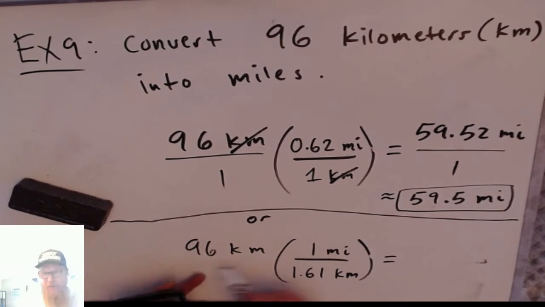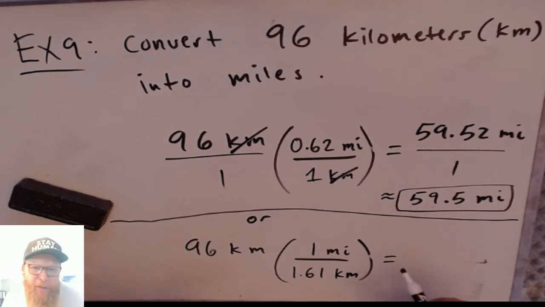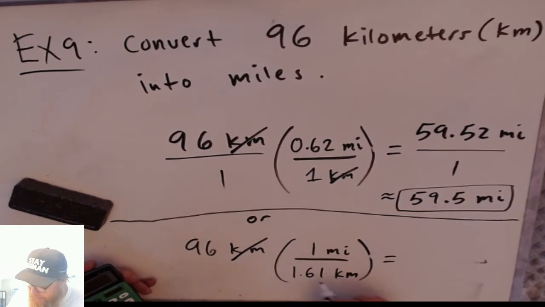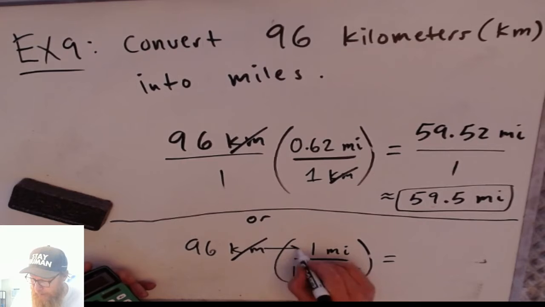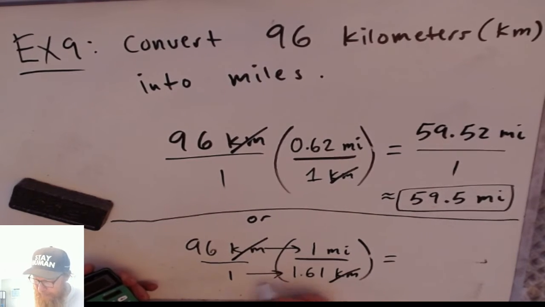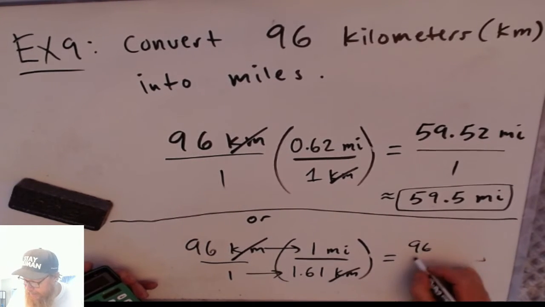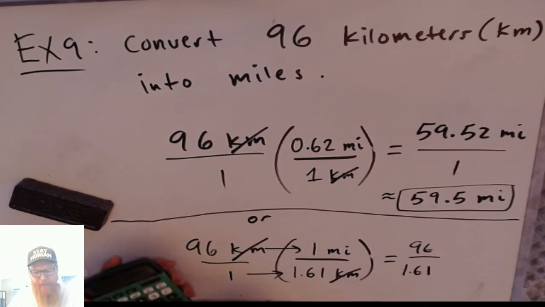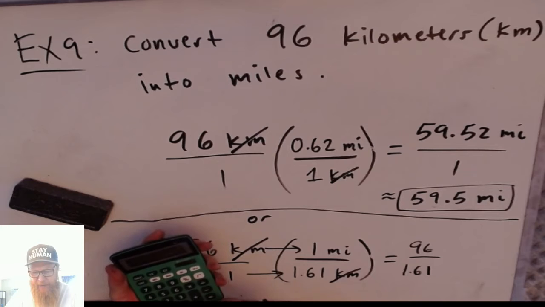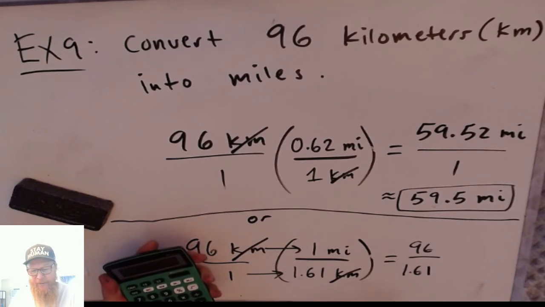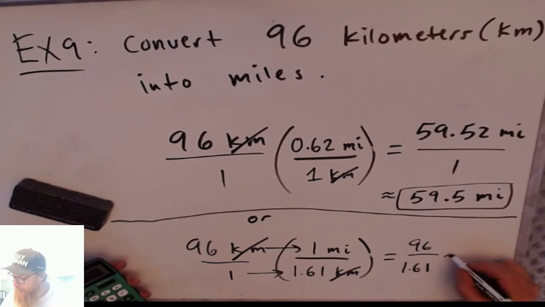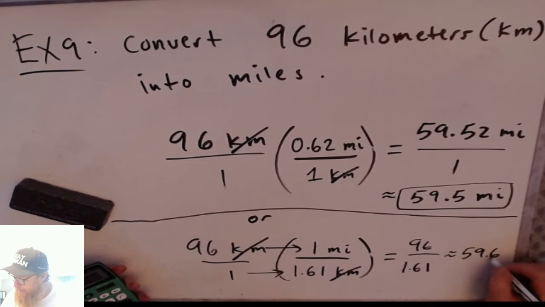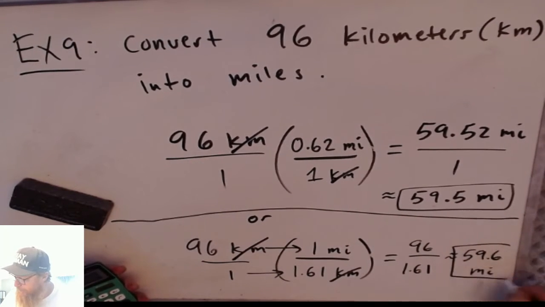Or, if you prefer to do it this way, I don't know why you would, but I give you the option. Cancel the kilometers, multiply straight across, and so you get 96 over 1.61. 96 divided by 1.61 is 59.6 miles.